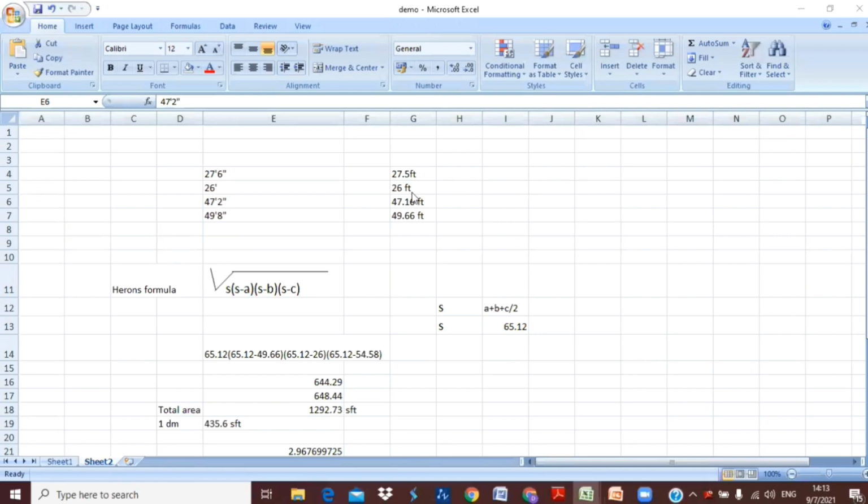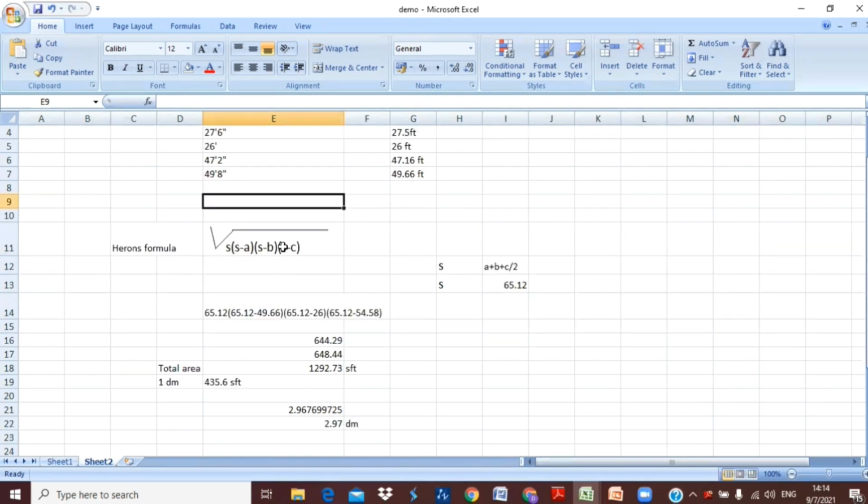Once you have converted all this into feet, the next step is the first method, where we use Heron's formula. All of you have already studied Heron's formula: root under s into s minus a into s minus b into s minus c.